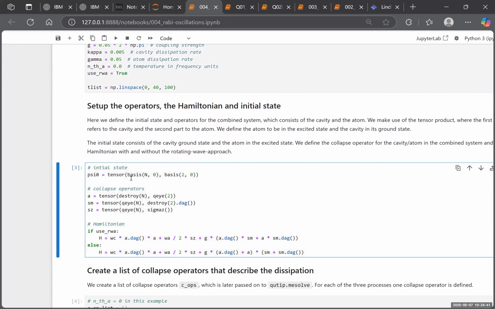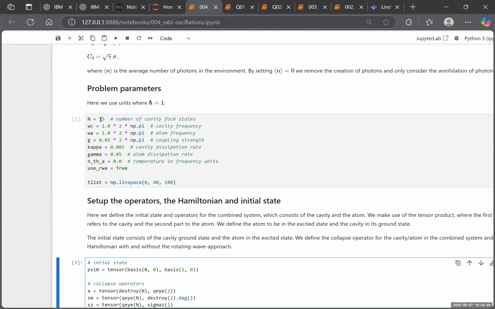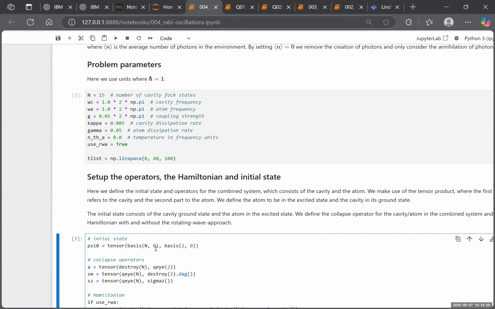and the initial state. So you have n photons. N is capped at 15, so it's from 0 to 14. It's for the photons. And the qubit is in the zero state.